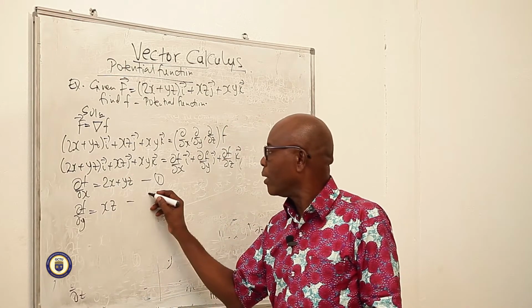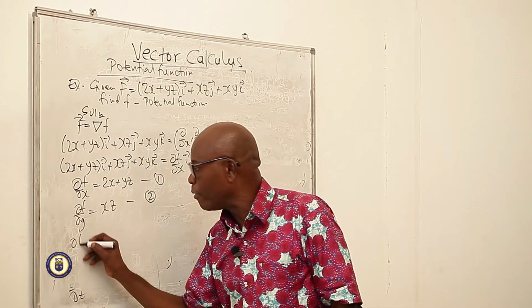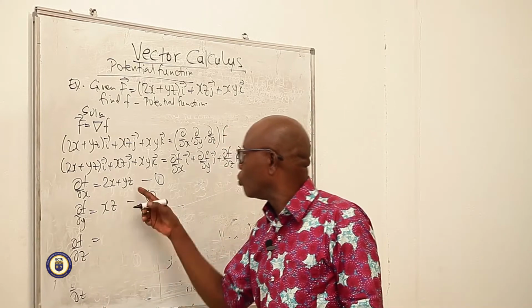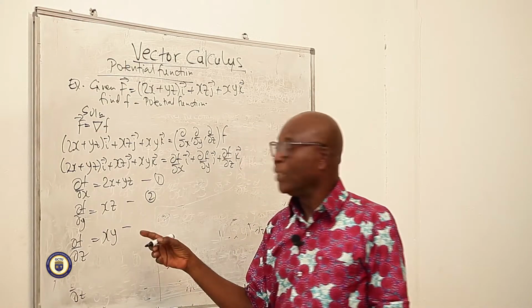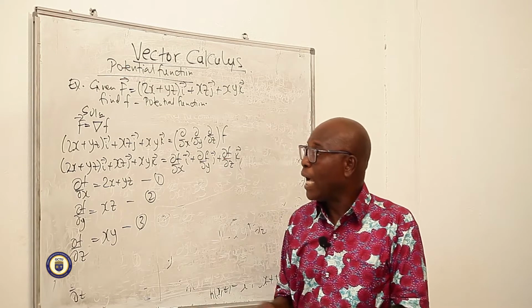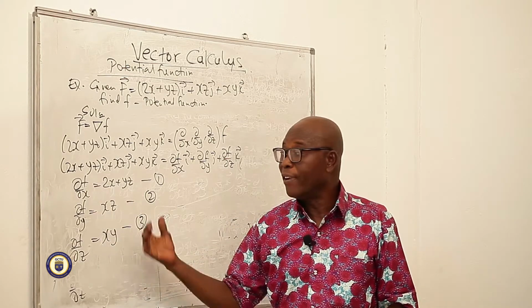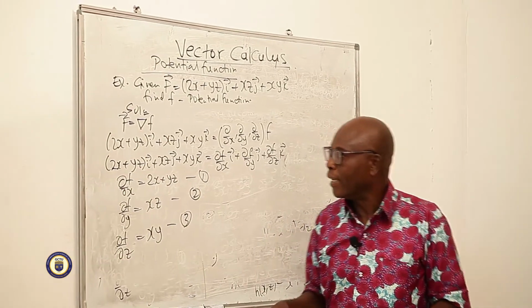We can label it as 2. Then we'll take the last one, partial f partial z is equal to xy, which is in the k direction, and we can label it as 3. Out of these 3 equations, we are going to find f. We're eventually going to use all the 3 equations.